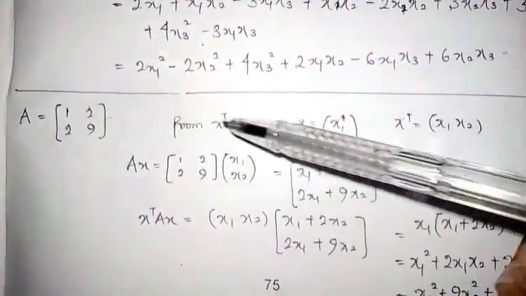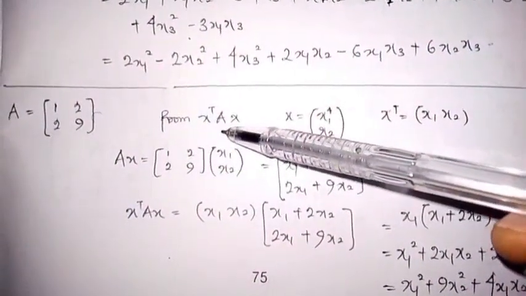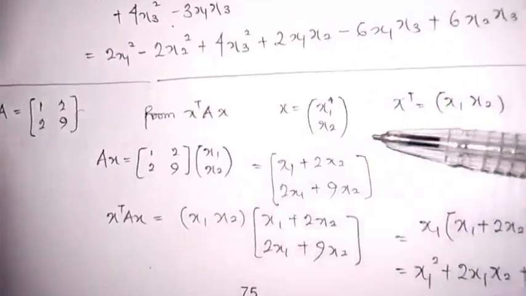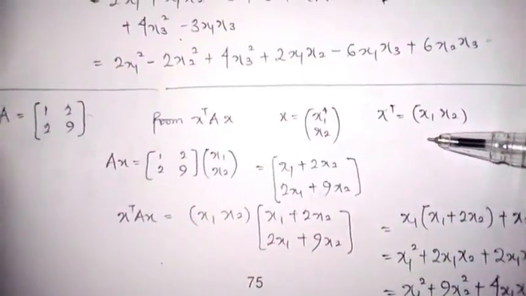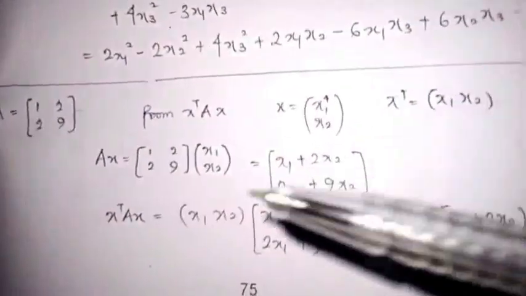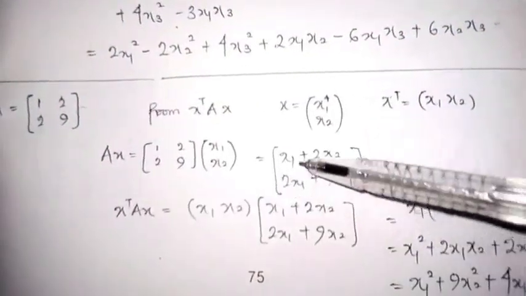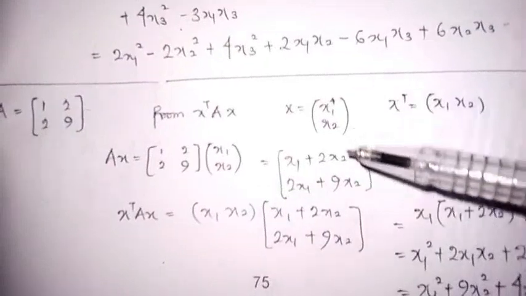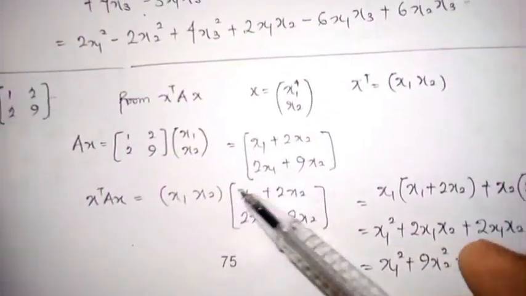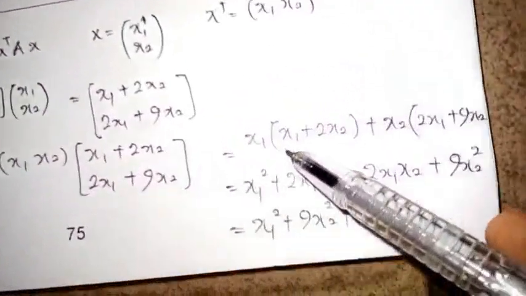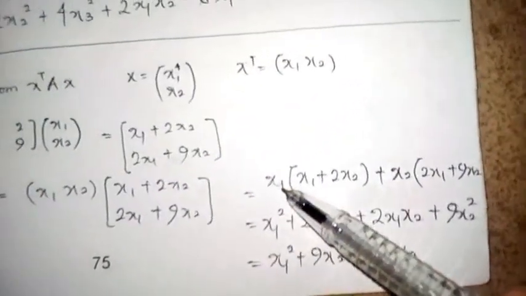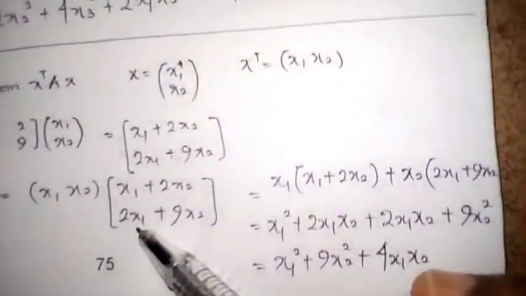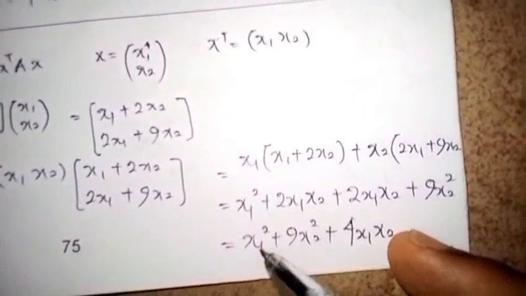We bring the transpose, AX, we also come down here where we have X equals x1, x2, then we also have the transpose of X. We multiply A by X, we get x1 plus 2x2, 2x1 plus 9x2, and then we bring in the transpose of X, we multiply it by this matrix we've gotten here, then we come down to our answers, multiplying this by x1 plus x2 multiplying by this, and then when we come around we get the final answer as this.